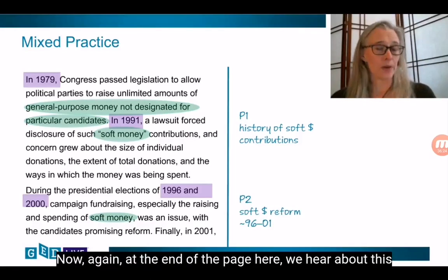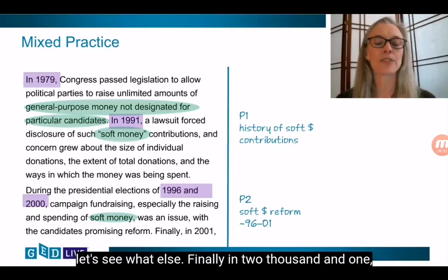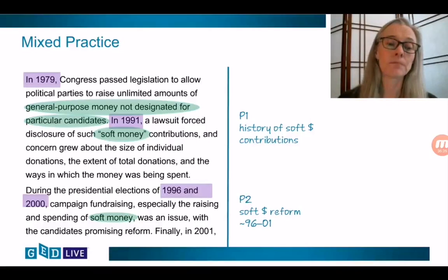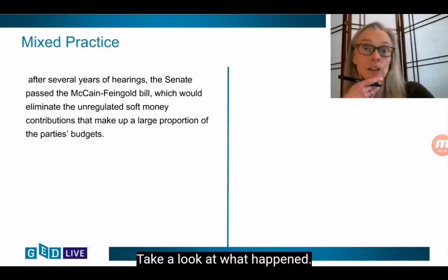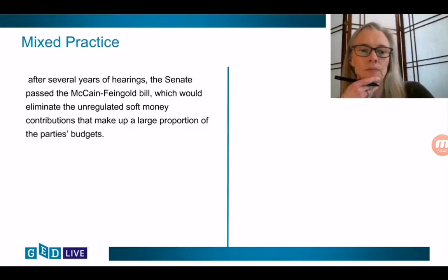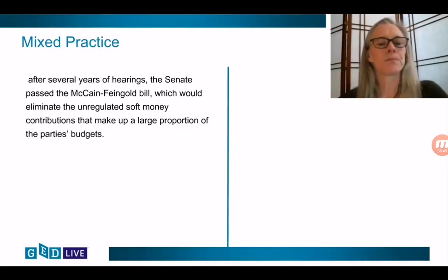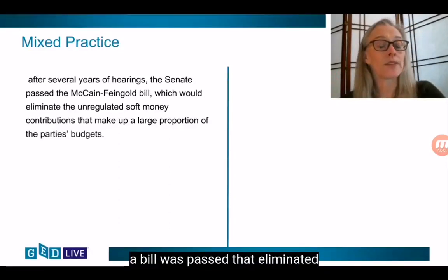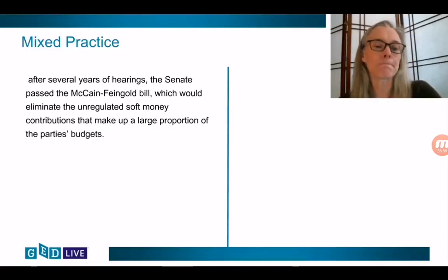Now, again, at the end of the page here, we hear about this reform, right, around the turn of the millennium. All right, so let's see what else. Finally, in 2001, after several years of hearings, take a look at what happened. In 2001, a bill was passed that eliminated the unregulated soft money.